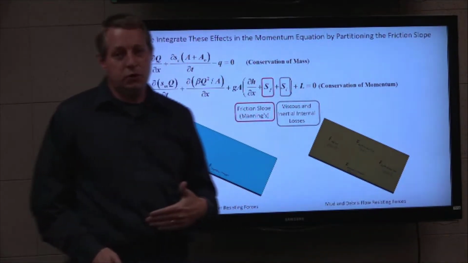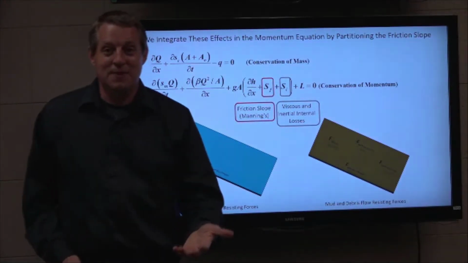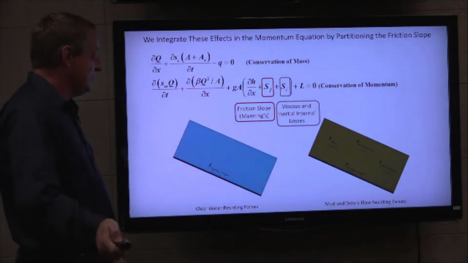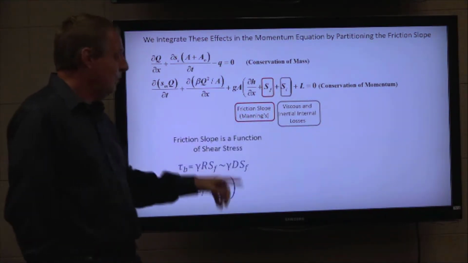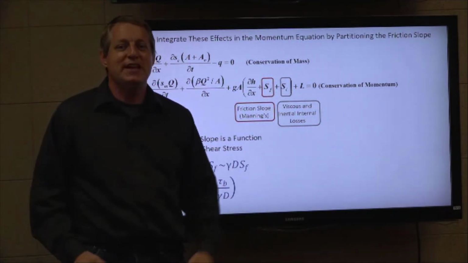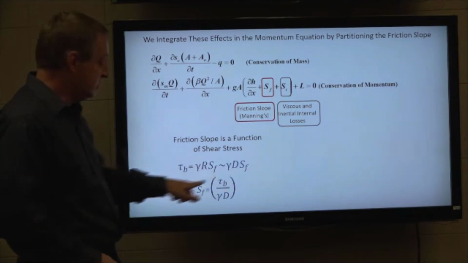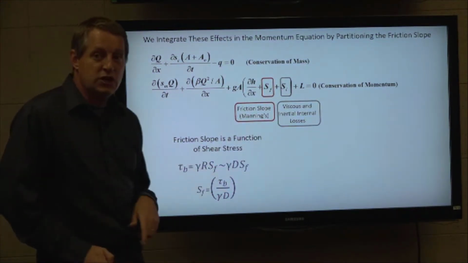Now, how are we going to compute that internal loss slope? Well, let me answer that question with a question. What is the equation for shear stress? Well, the equation for shear stress is gamma RS. And what's the S? Well, the S is the friction slope. And so this is kind of where the magic happens, because you can solve for the friction slope and cast the friction slope in terms of the shear stress.